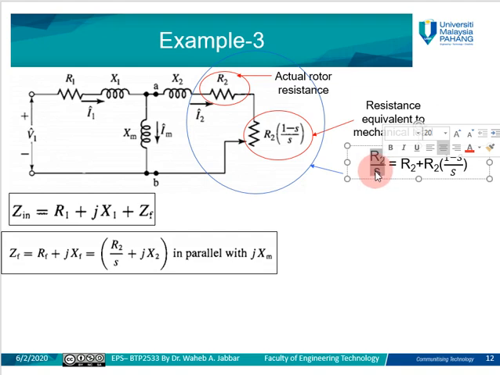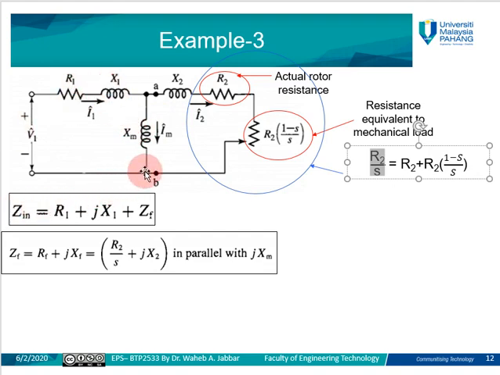So R2 divided by S consists of R2 plus R2 times (1 minus S) over S. These two resistors represent the value of R2 over S, and we have X2, the reactance of the rotor, and XM, the magnetization reactance. RC is omitted because the question already says the core losses are lumped with the rotational loss, so no RC here, but we still have R1 and X1.